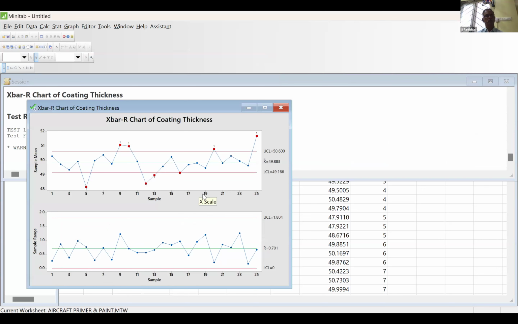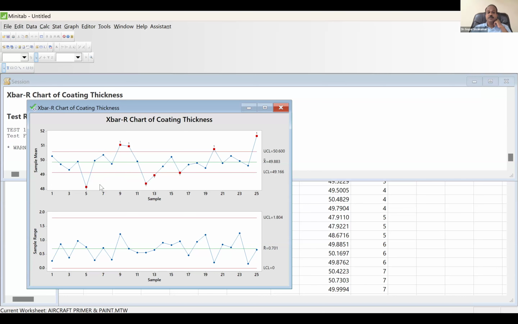Now tell me, is this process under statistical control? No. Out of control, but you have issued the driving license, but the person is drunken. Now to accept the capability report, what is essential?